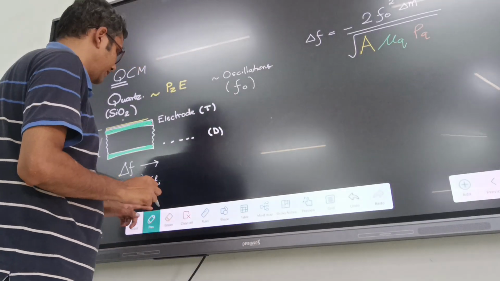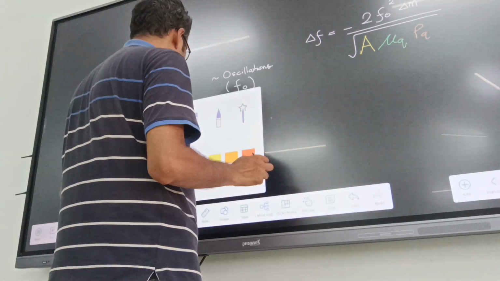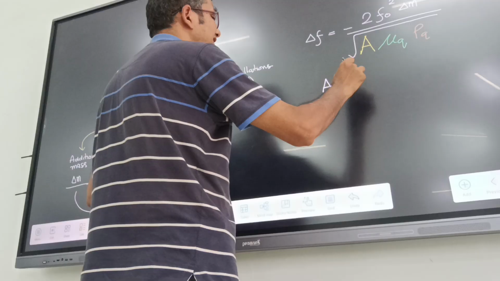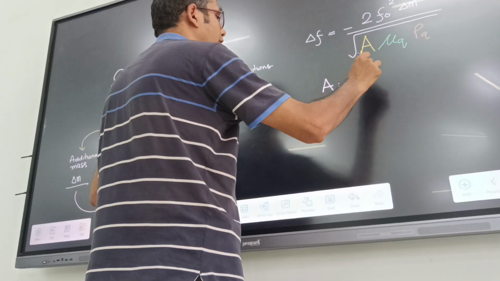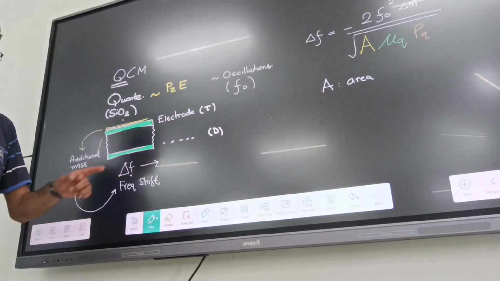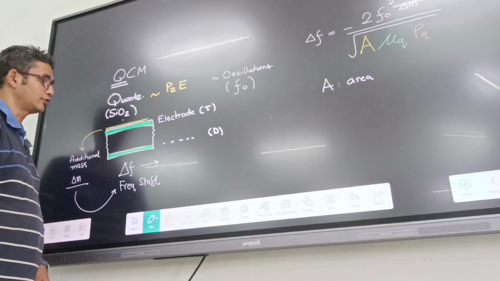So what are these different parameters? We have A, which is the area of what? Area of the electrodes. These electrodes, right? This one and this one, top and bottom.